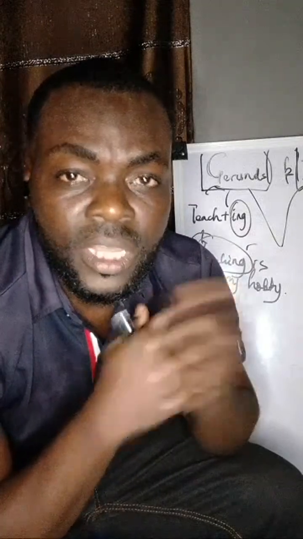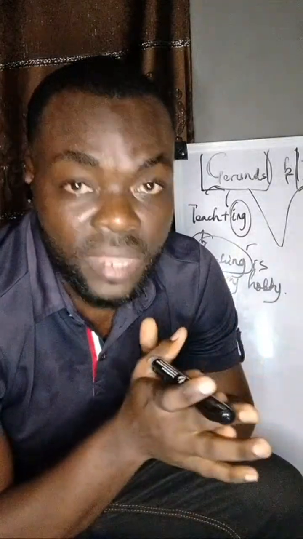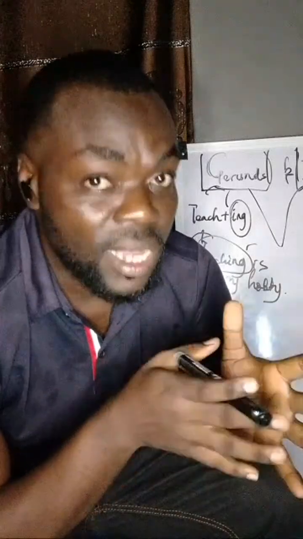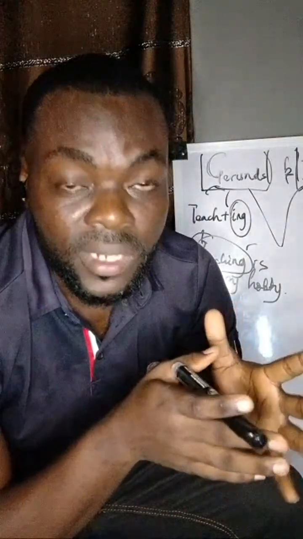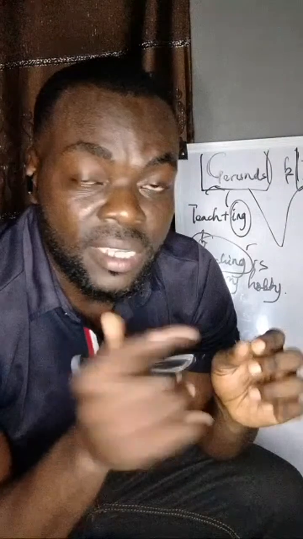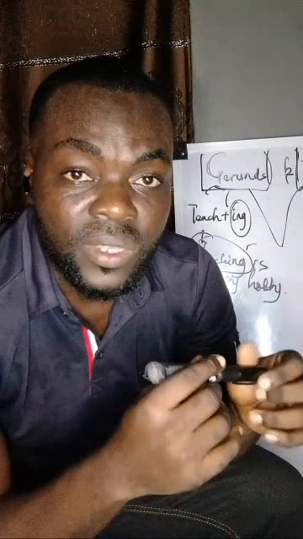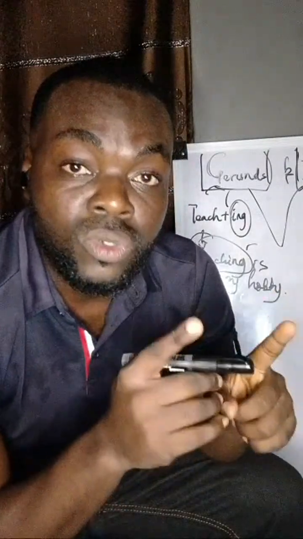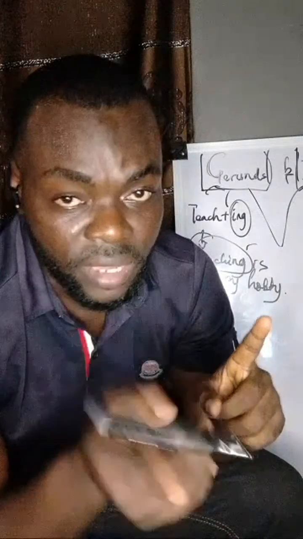Now, an infinitive. An infinitive, on the other hand, is still similar to the gerund when it comes to the grammatical function, but this time it has a special difference, and its difference is in the aspect of the preposition to, which prefixes the main verb.